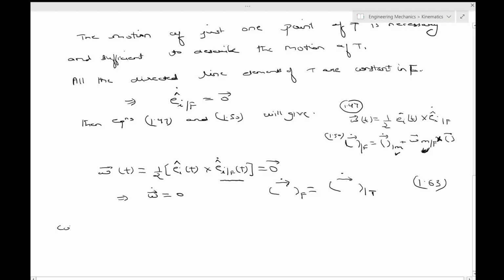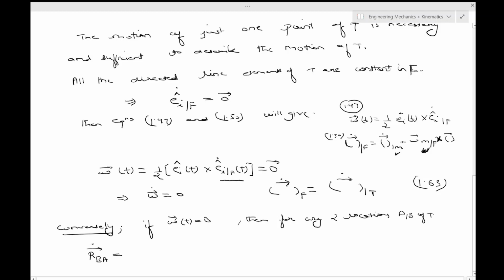We can also say, we were trying to see this conclusion from the other side. If omega of t is equal to 0, then for any two locations a comma b of t, RBA dot is equal to omega cross RBA is equal to 0.